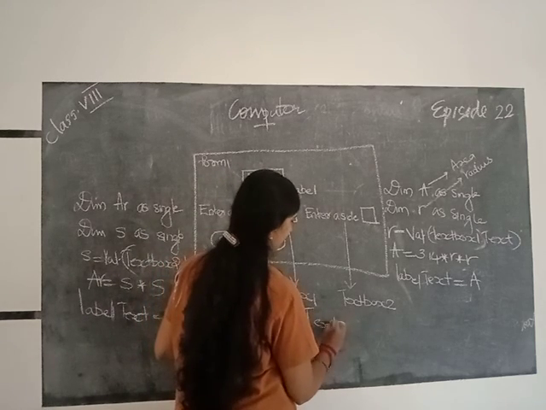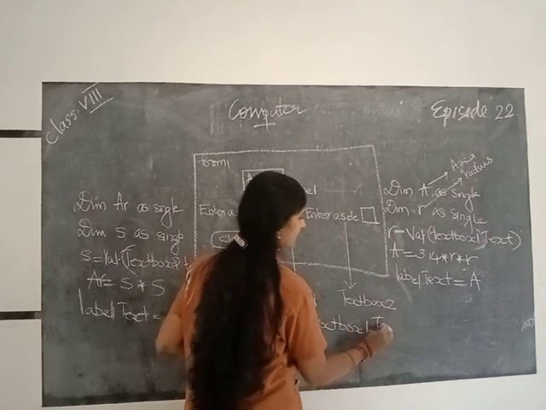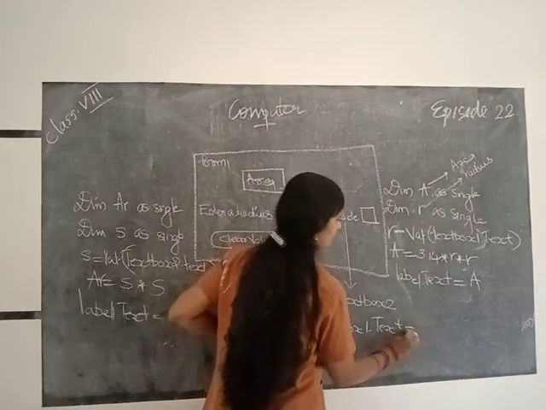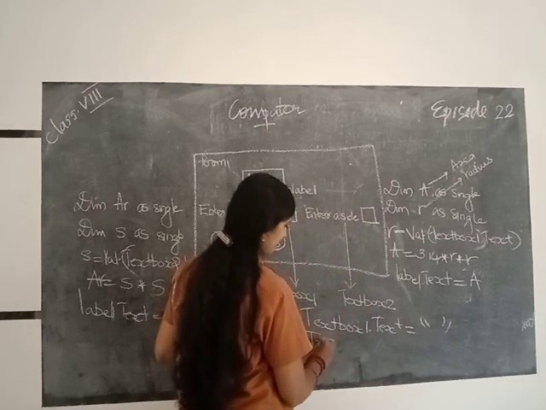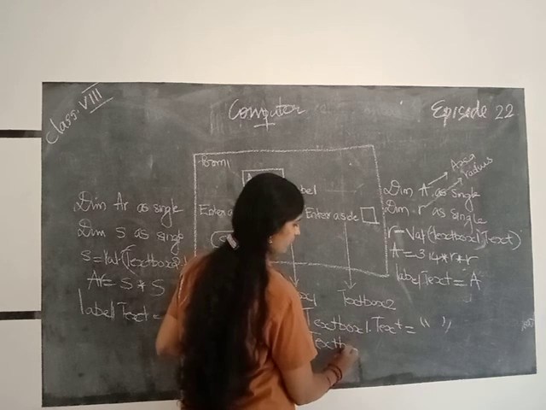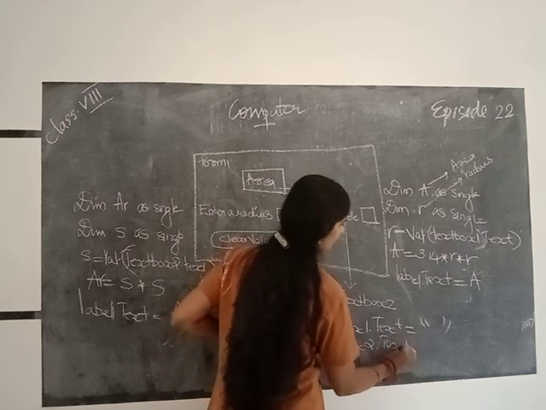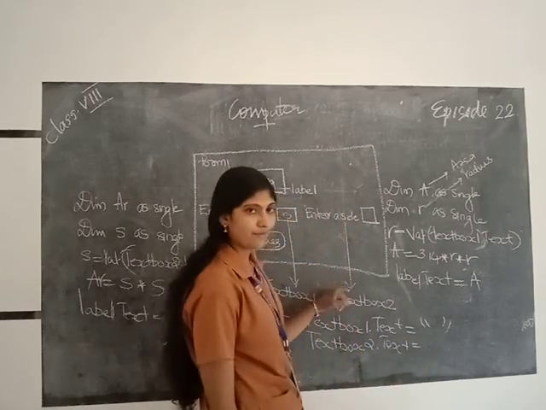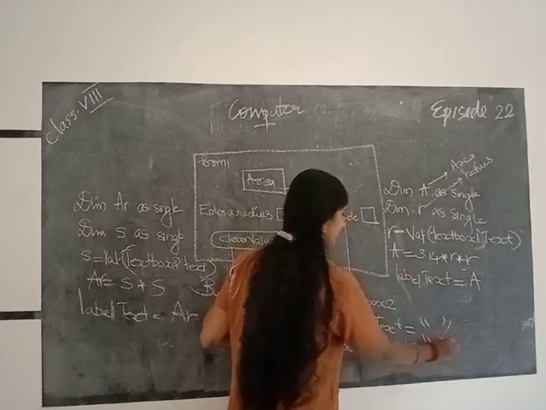TextBox1.Text equal to, just enter the double quotes. Then TextBox2.Text equal to, for clearing the values we should write double quotes.